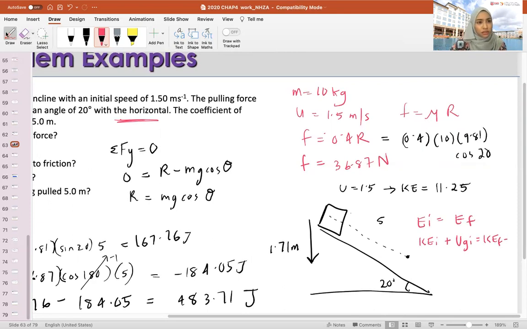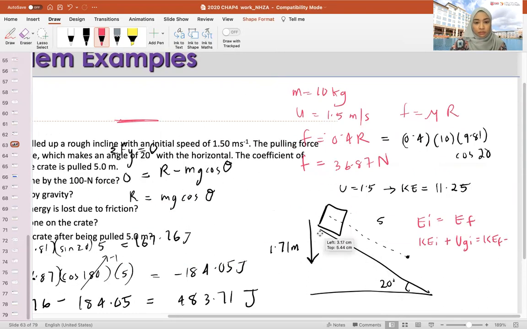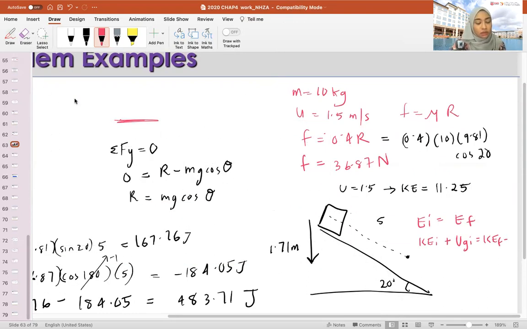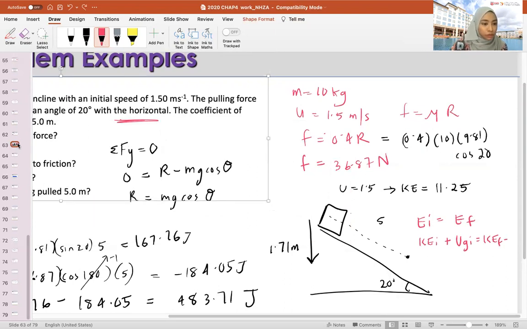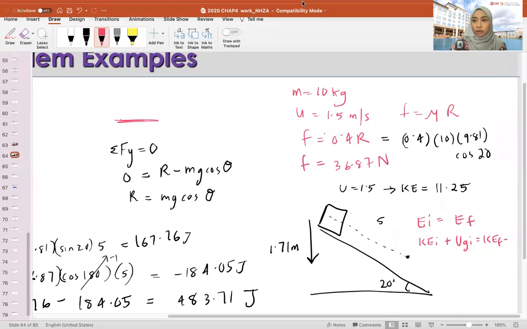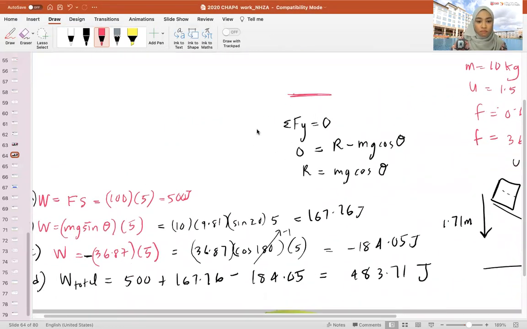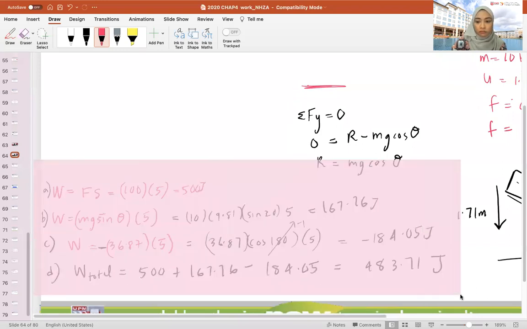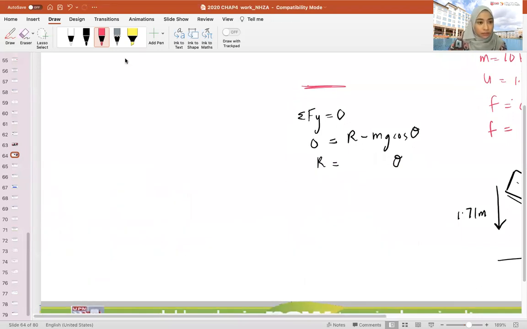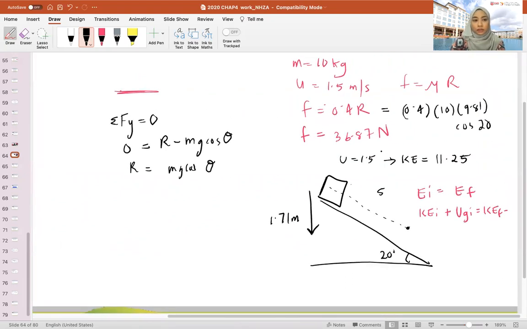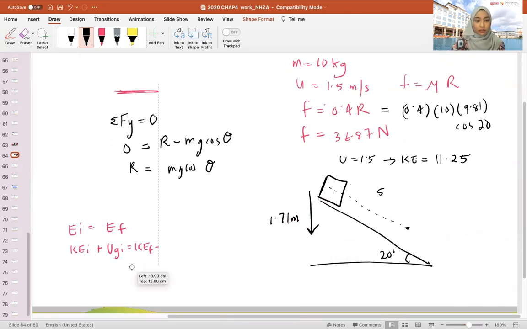So I need more space. Let me duplicate this. Wait a moment, everyone. Give me a minute. mg cosine theta. We want to make our equation. Wait, don't panic. Okay, let's do it here.